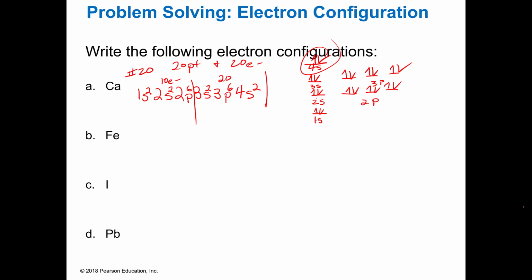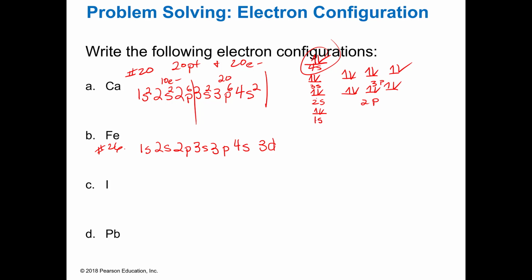So once you've written them, you just write that again, 1s, and you can count electrons as you go, or you can just write them out. 1s, 2s, 2p, and again, I know them because I do it a lot, but you can go back and look at whatever your little cheat sheet is. So after 4s, I'm going to do a 3d. Now, iron is number 26, which means it has 26 electrons.